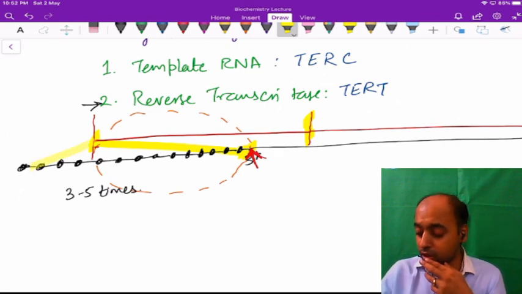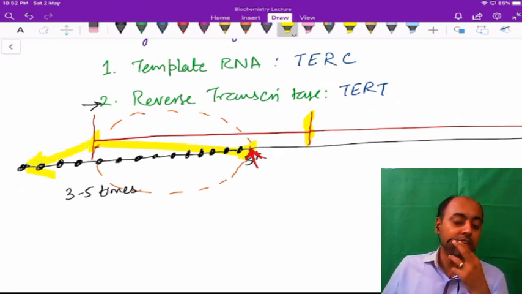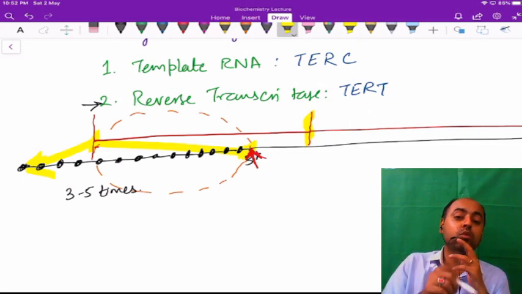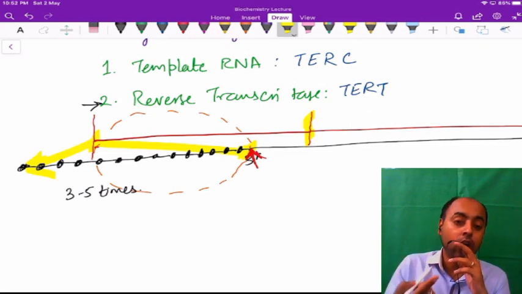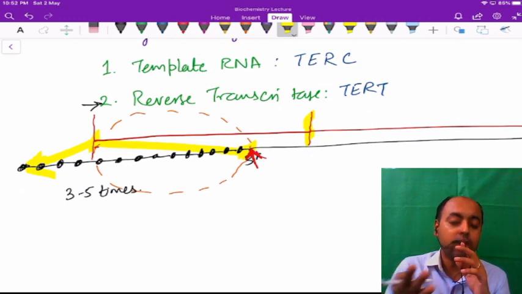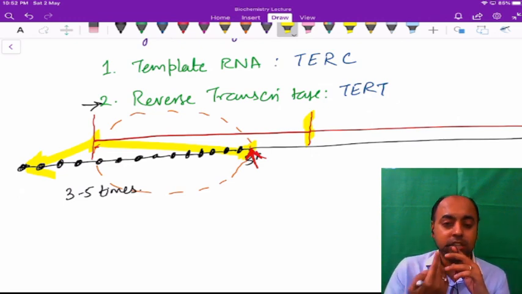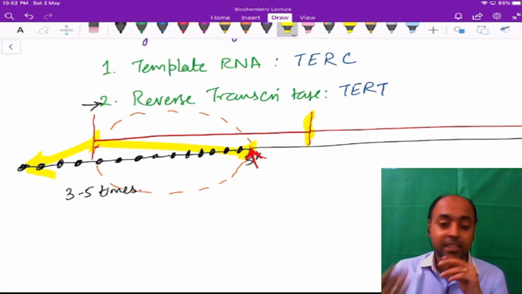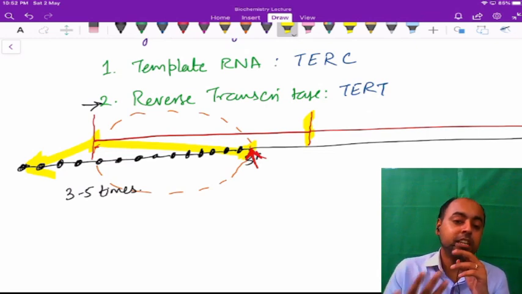Although it is still shorter than the new end of DNA, in comparison to the old strand it has become longer. Because it has become longer, it will be able to survive for several more divisions even if the telomerase does not come into the picture. And this is how the telomerase will regenerate the telomere.